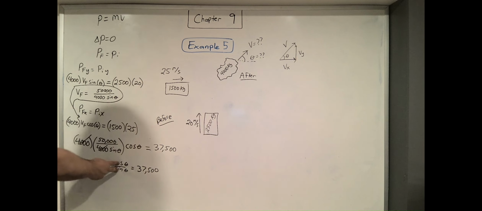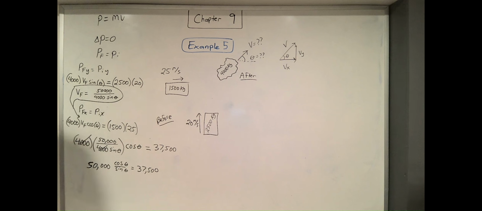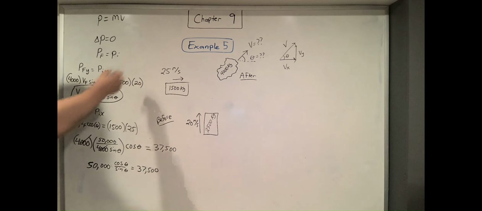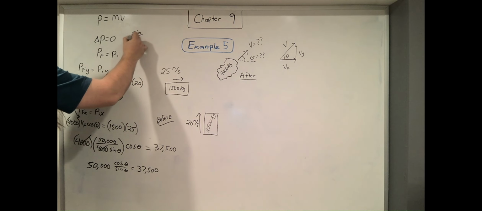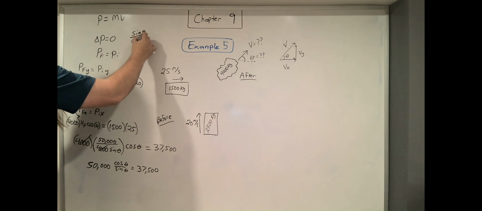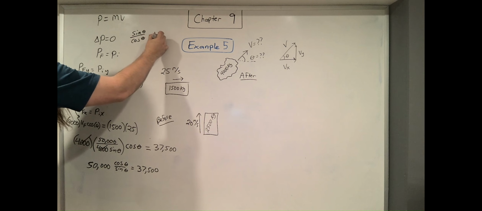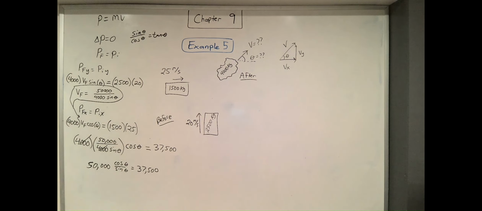So if I can multiply this to the other side, flip it over, right? I can multiply by sine and then divide by cosine. I can flip it onto the other side, and I will have sine over cosine. That's just tan theta.